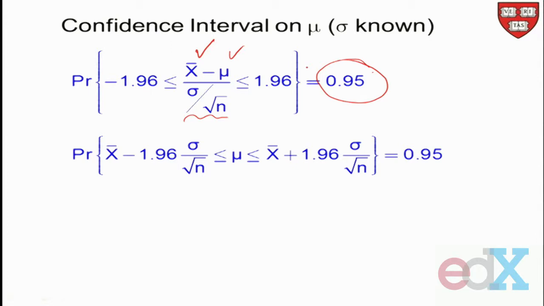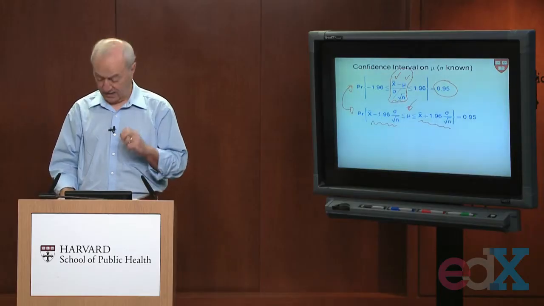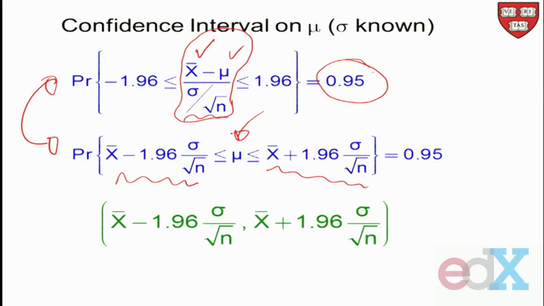These two statements are exactly the same statements. But look what we've done. From sample to sample, this is the thing that varies. Now, by doing that little bit of algebra, from sample to sample, this varies, and this remains fixed. So what have we done? We've created what is called a random interval.